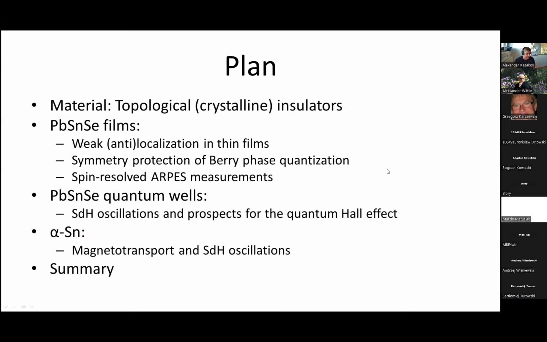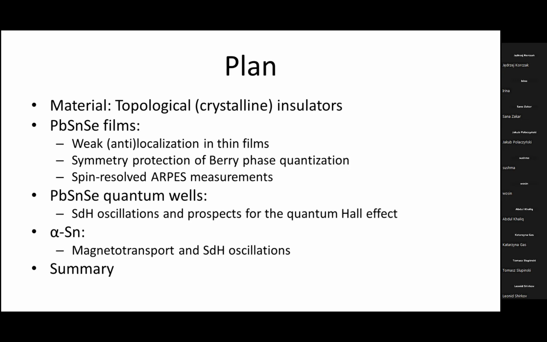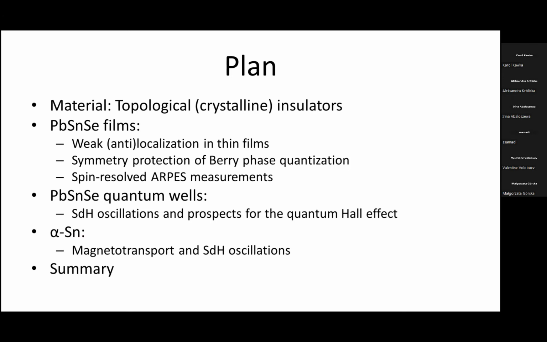First I will introduce the material we are mostly working with, these topological crystalline insulators, which are based on IV-VI semiconductors. And then I will discuss published results on lead-tin selenide films regarding weak anti-localization and how the symmetry affects the Berry phase quantization in such a system.